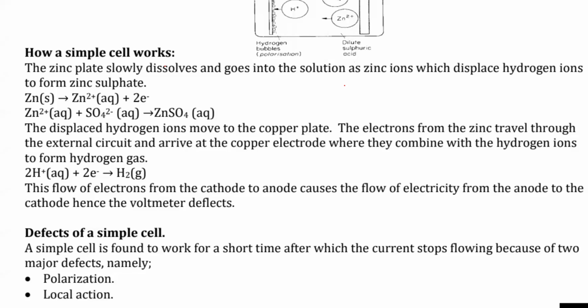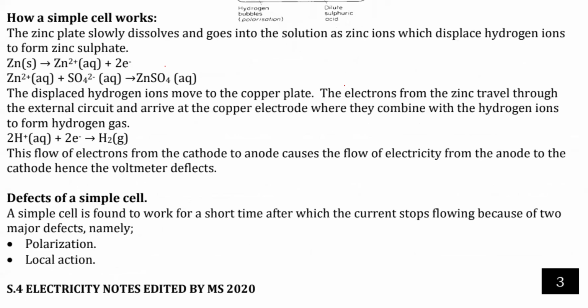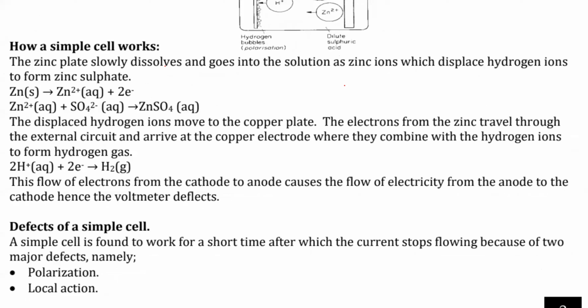So a simple cell has defects, has problems also. They have told us that it works for a short time, after which the current stops flowing because of two problems.